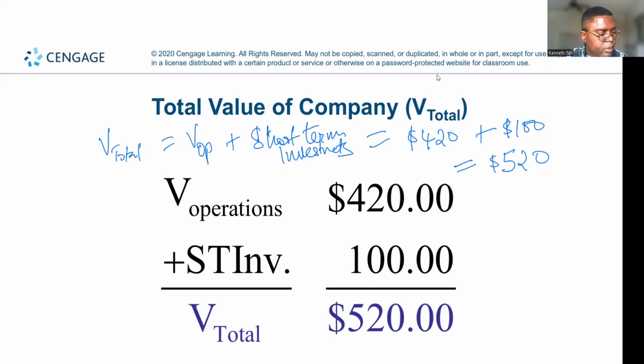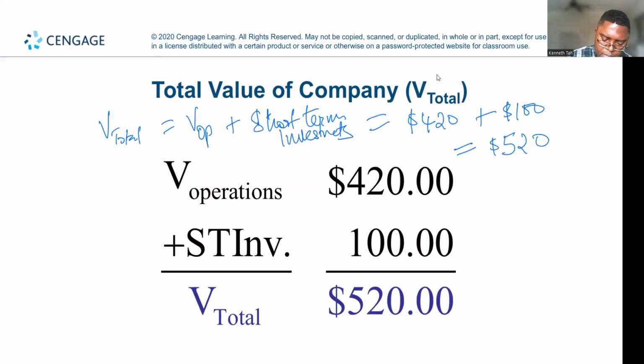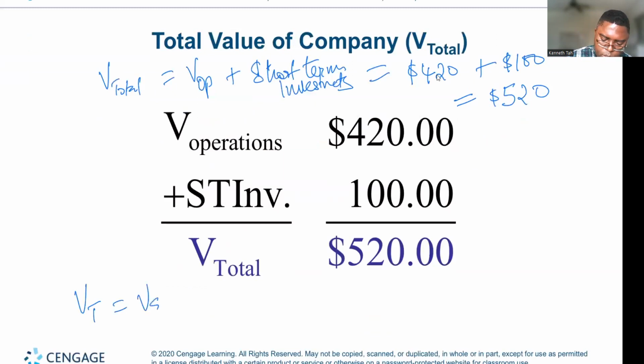That's the total value. And if that is the total value, then we can easily calculate the value of equity. So we know that total value is equal to the value of equity plus the value of preferred stock plus the value of debt.